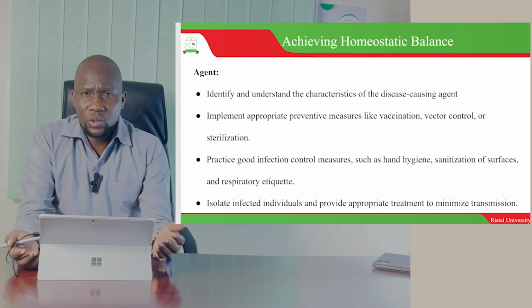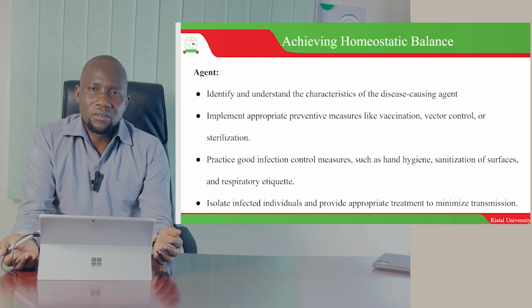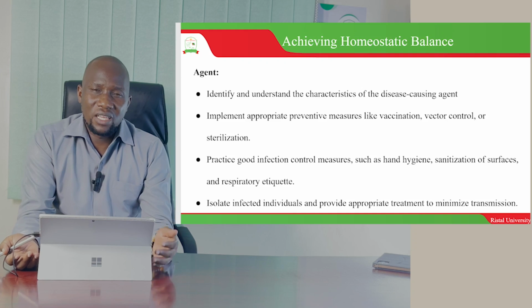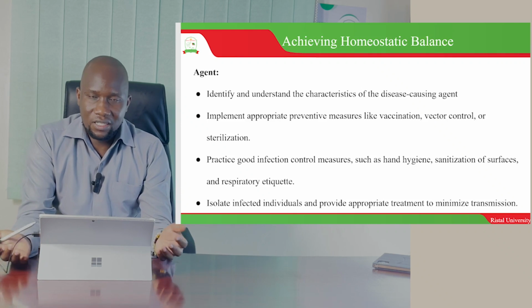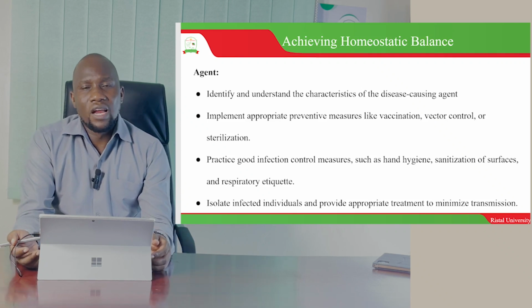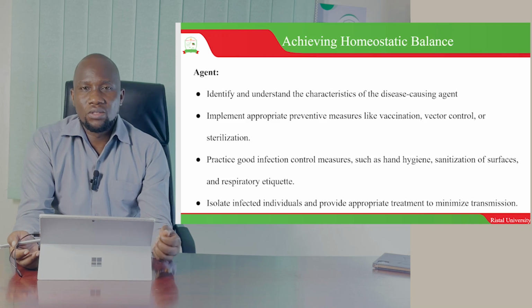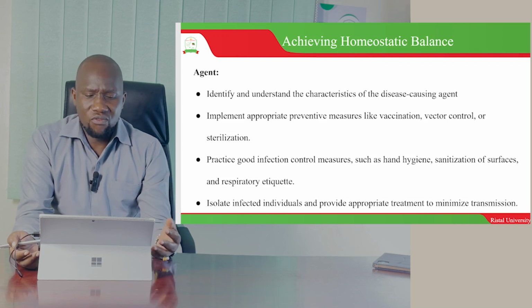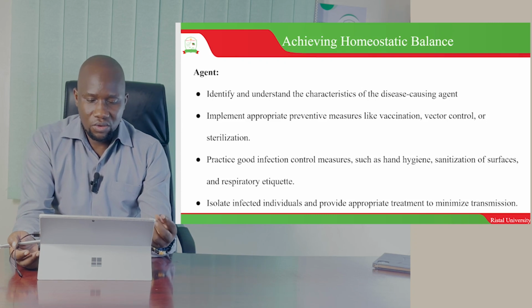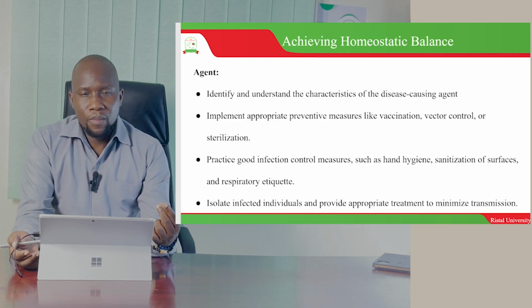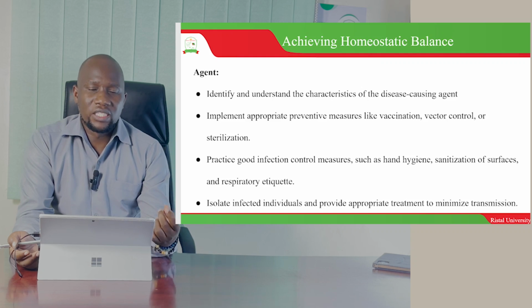For example, we can also vaccinate. Pregnant women are given Fansidar to make sure that they cannot be attacked by malaria and things like that. So vaccination, improving the environment, sleeping under the mosquito net.